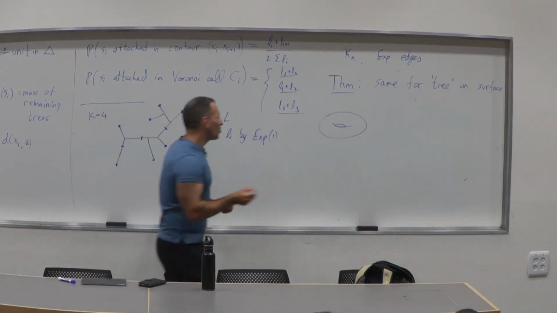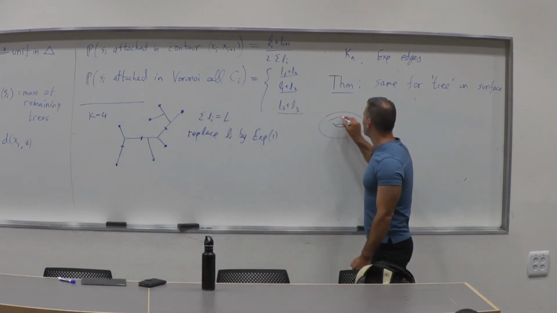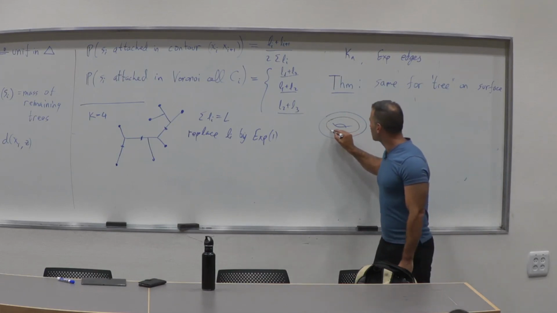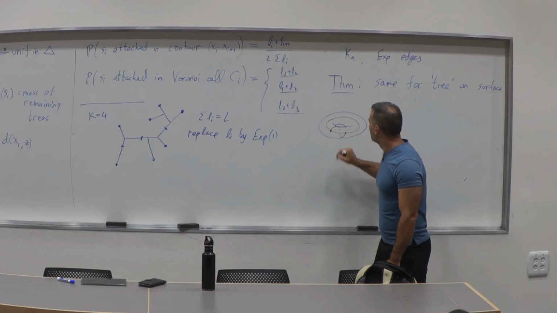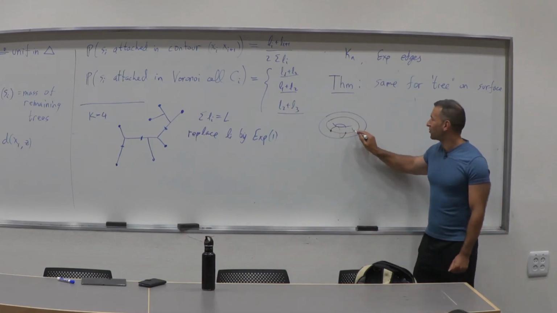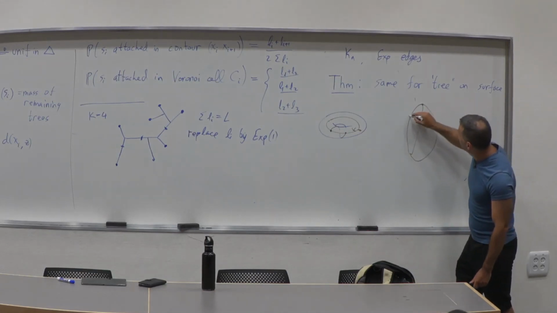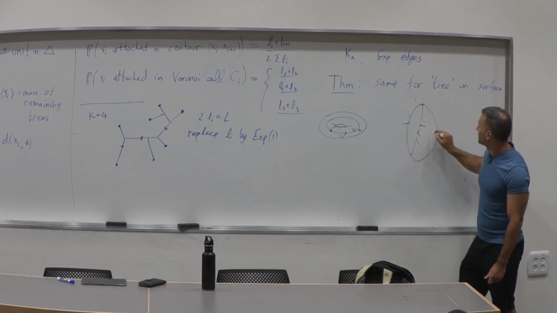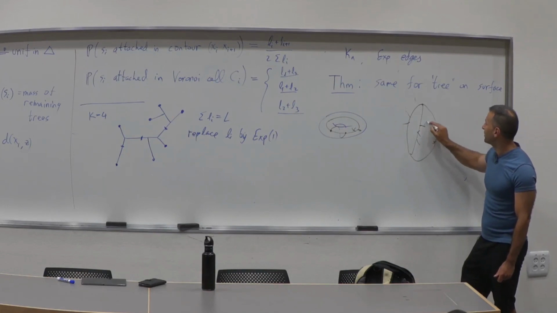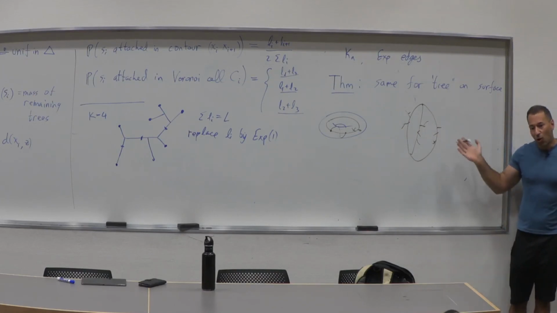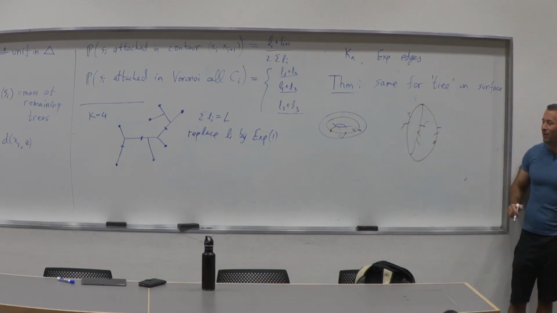If you have the torus, then a tree on the torus is going to have a cycle going around the torus in this way, and it will also have a cycle going around the torus in this way. Then you have lots of small trees attached to this structure. Topologically, if you draw the same graph on the plane, you get something that looks like that, with some subtrees attached anywhere. If you take one of those uniformly, it works.